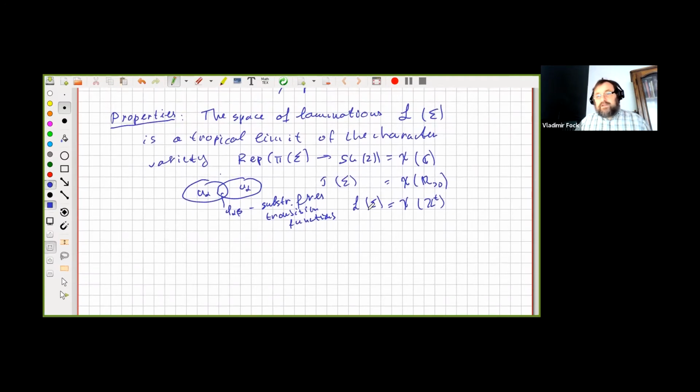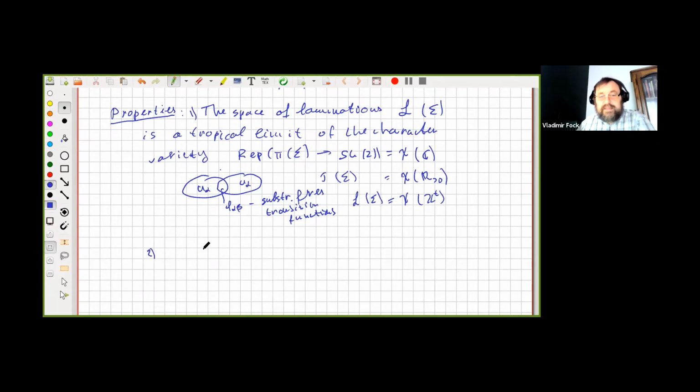Now, it's not only that, well, the first thing is that this is a limit. Then second, which is also important, this is a kind of duality.